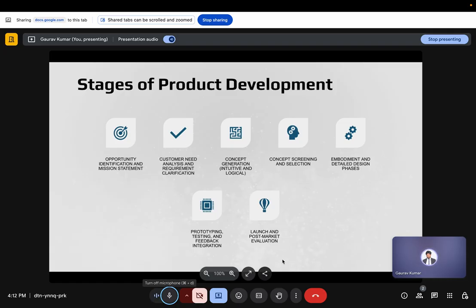Launch is not an end but a checkpoint. Post-market evaluation updates assumptions, validates the trade-offs, and informs the next cycle, embodying the learning into platforms and product families.